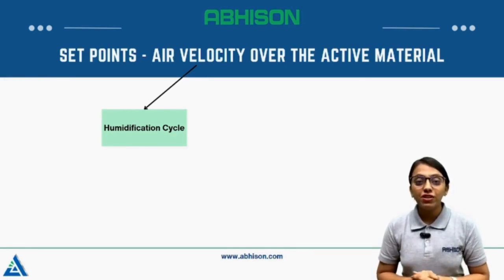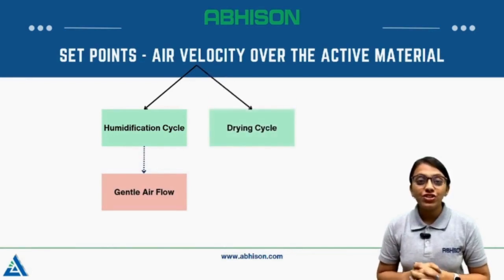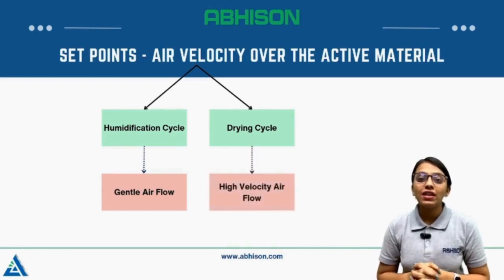Therefore, during the humidification cycle, a gentle or slow speed of airflow is required. Conversely, during the drying cycle, the moisture generated needs to be removed as quickly as possible. Therefore, during this phase, a high velocity airflow is necessary to efficiently dry the active material.